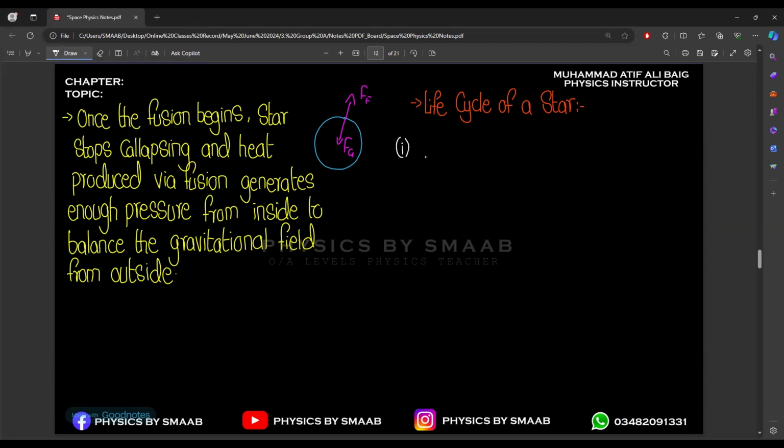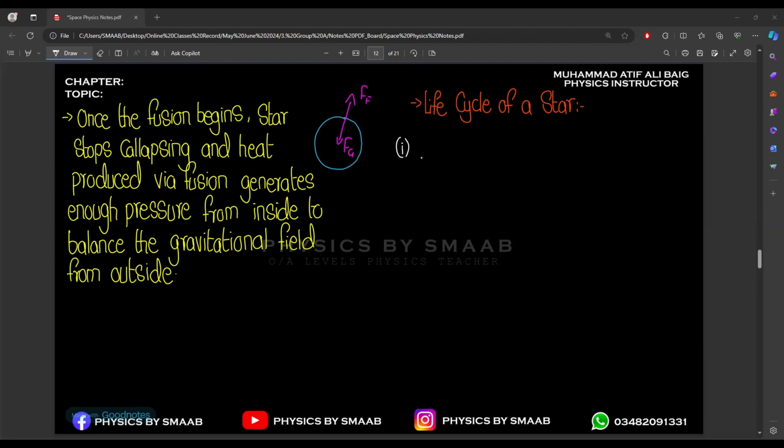So the very first point in this life cycle of the star, definitely after some time, this fusion reaction is going to stop, or the fuel for the fusion reaction will run out, because hydrogen is the fuel for this fusion reaction. But after some time, hydrogen will no more be available to continue that fusion reaction. So what happens next?